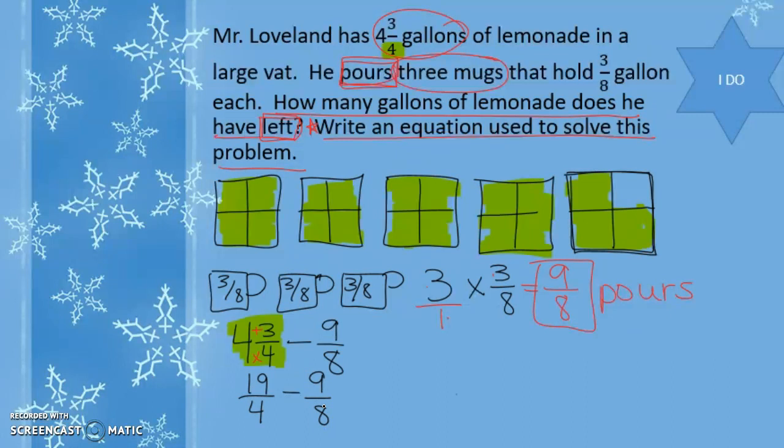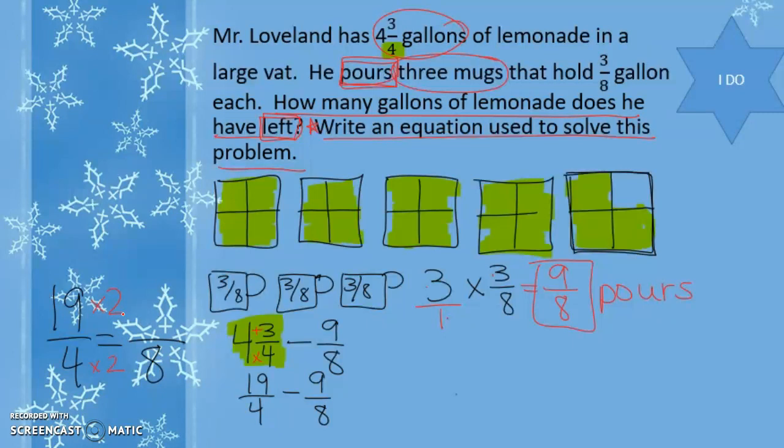Let's rename 19/4 as an equivalent fraction that has a common denominator. If I wanted 19/4 to be over 8, then I would have to multiply the denominator and the numerator by 2. What is 19 times 2?